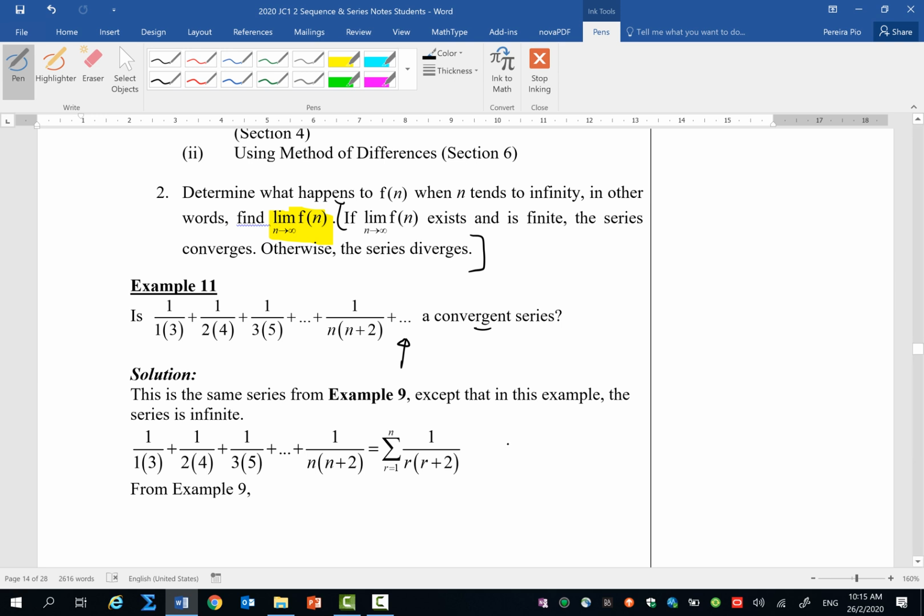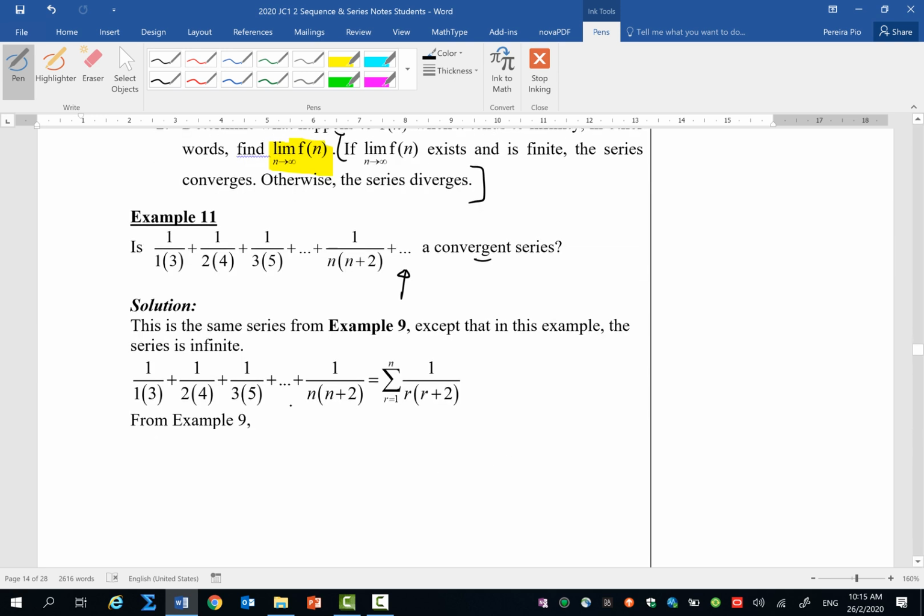So what actually happens is this. We realize that this example is the same series as example 9. I'm not going to return too much to example 9, but from it you can see the answer, so I will just make reference to it.